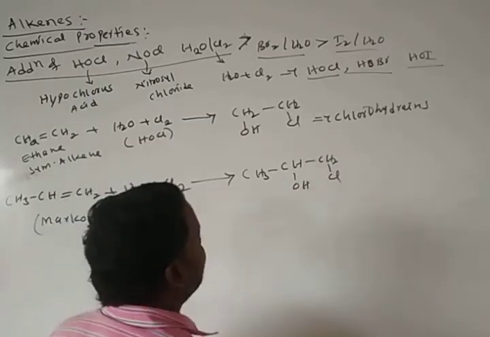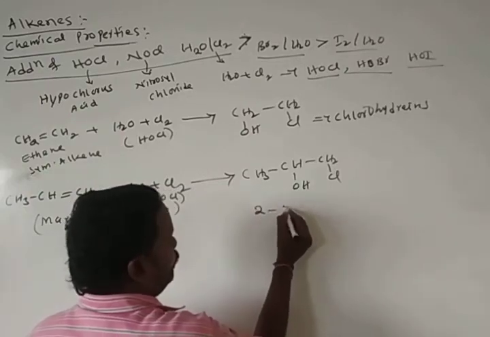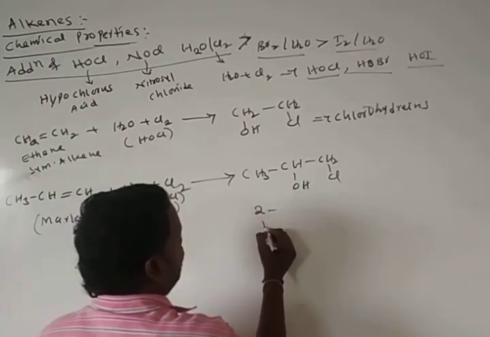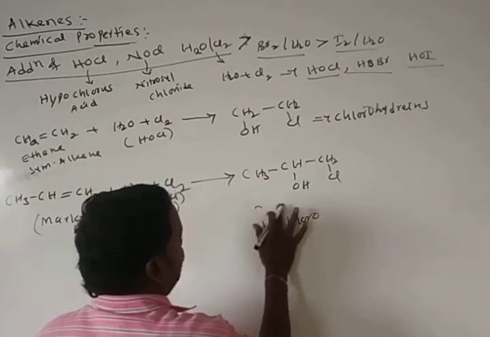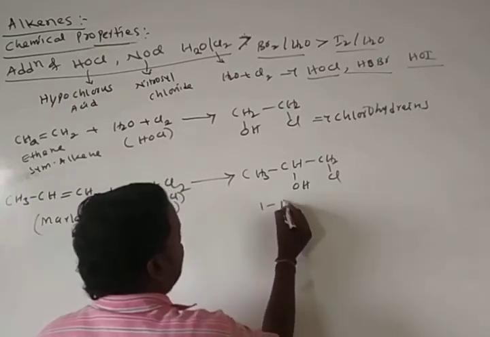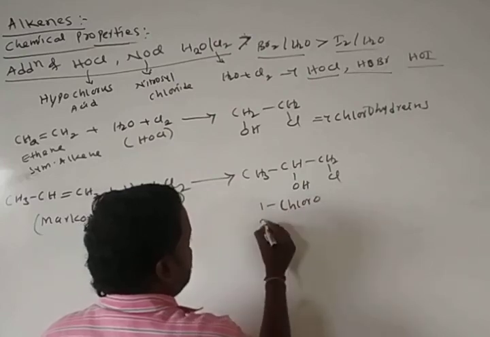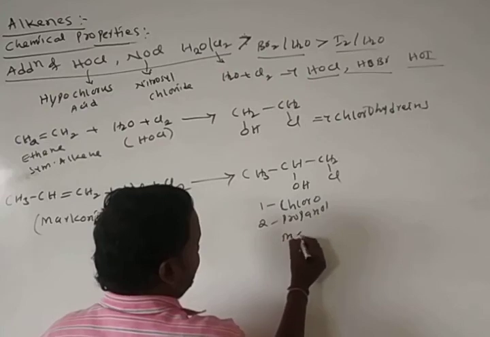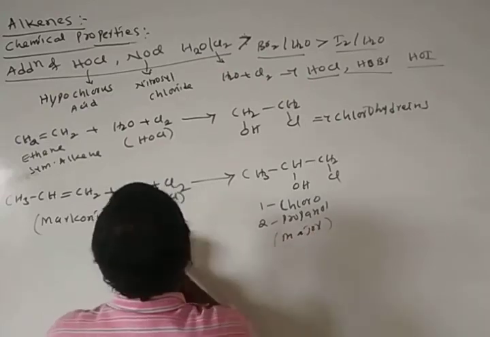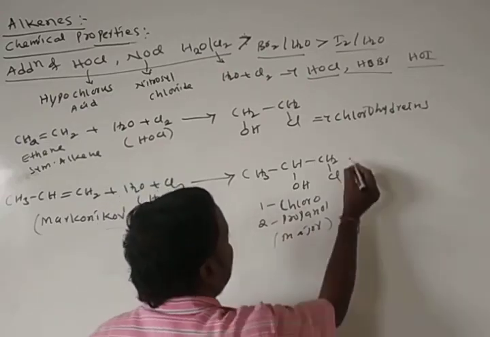This is the chlorohydrin, 1-chloro-2-propanol, which is the major and follows the Markovnikov rule.